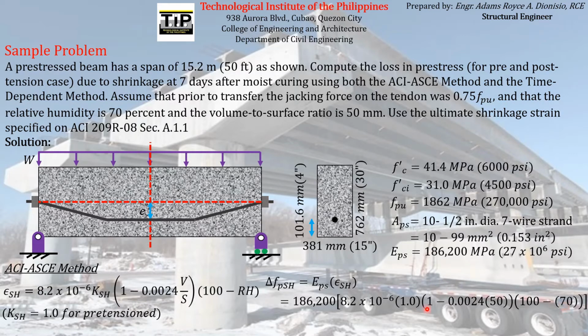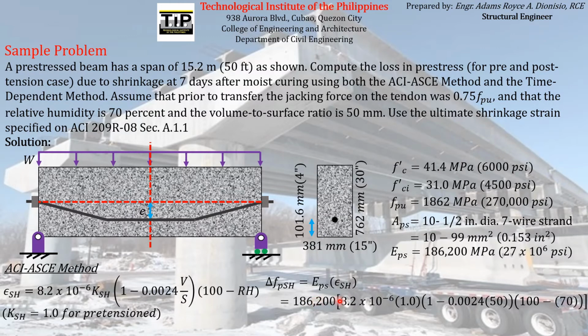And again, since the strain is unitless, the units of the pre-stress loss due to shrinkage will be coming from the modulus of elasticity, which is expressed in megapascal. So we can expect that the pre-stress loss due to shrinkage that we can compute here will just be in terms of megapascal.